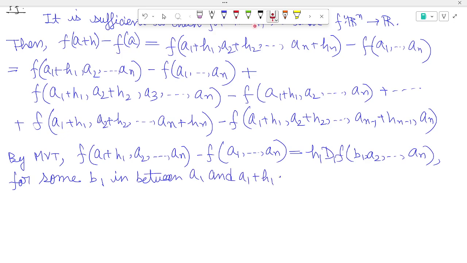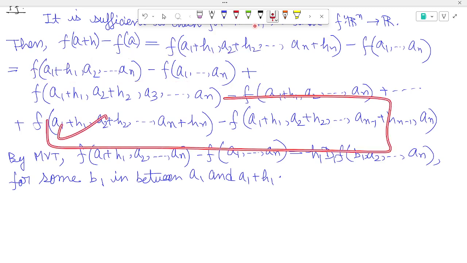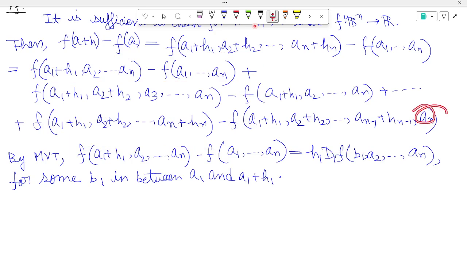Now do this everywhere. In this last step, this will be an plus hn, so it should be bn that comes.